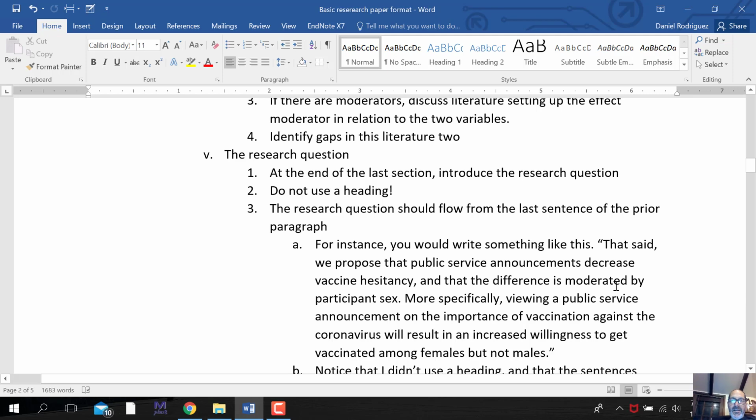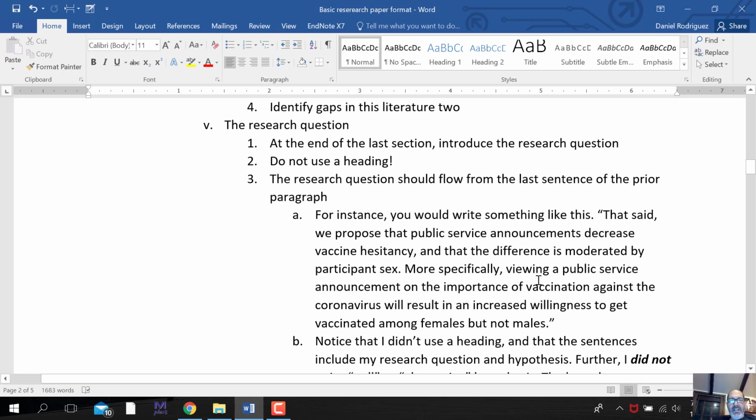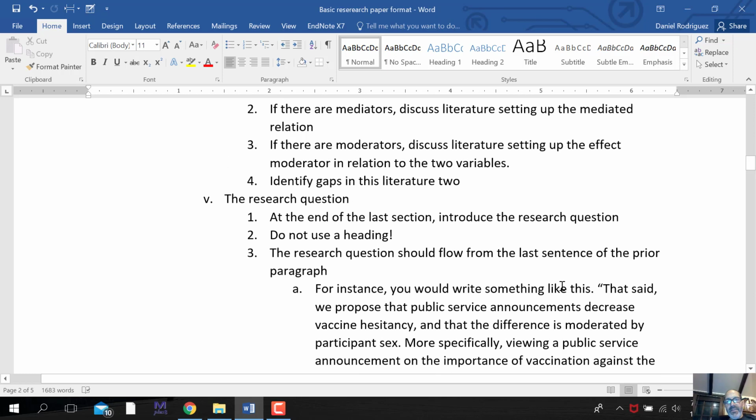I have an example in here and I'll get to it in a second. So you may find that there are potential moderators, like you're reading the literature and you see that the effect is strong in females. You could say, wow, I wonder if sex is a moderator, or say socioeconomic status is a moderator, like the effect differs for people with high versus low socioeconomic status or whatever.